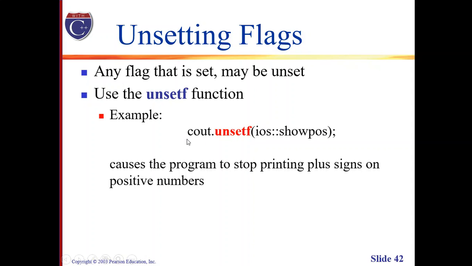For example, we would like to stop the flag for this. Previously, we set a flag and provided the following argument. To turn off or unset that flag, we simply call the unsetf function. This will cause the program to stop printing plus signs on positive numbers.